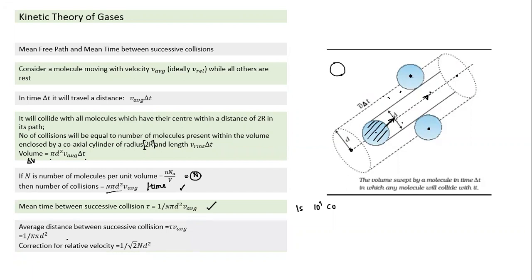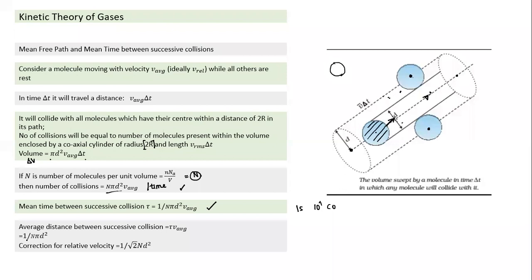And the third term is the average distance between successive collisions, which is also called mean free path. How much distance will it travel before it collides? If the time between collisions is tau, and it is traveling with velocity v average, the distance it will travel is tau into v average. So this whole term I multiply by v average.